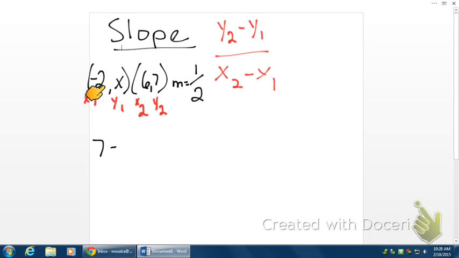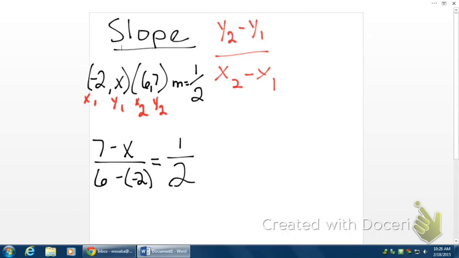For y1, I have an x. For x2, I have a 6. And for x1, I have a -2. Now, do I know the slope? Yeah. I know what all this stuff equals. I know it equals 1 over 2.